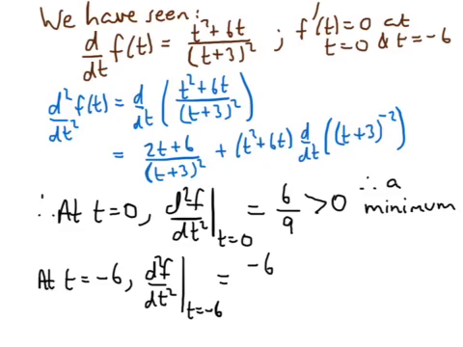And on the bottom we have minus 6 plus 3, so that is minus 3, all squared, that's going to give us plus 9. So we get minus 6 over 9. This is negative, and since it is negative, we therefore recognize that this is a maximum.